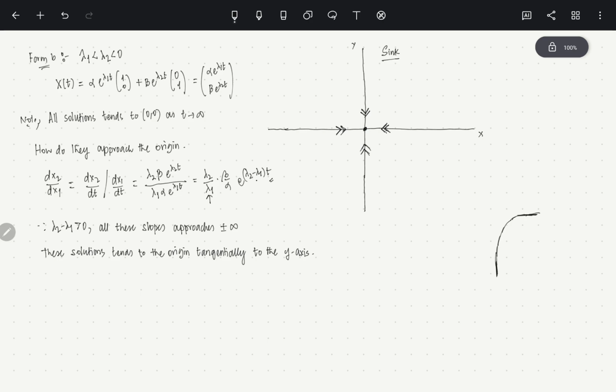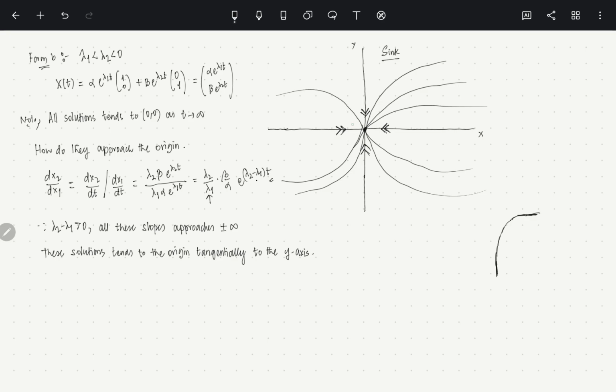The curves will look like this, and similarly this, and similarly this. And similarly here, this also, this and this. Sorry, here you see it is coming towards the origin.